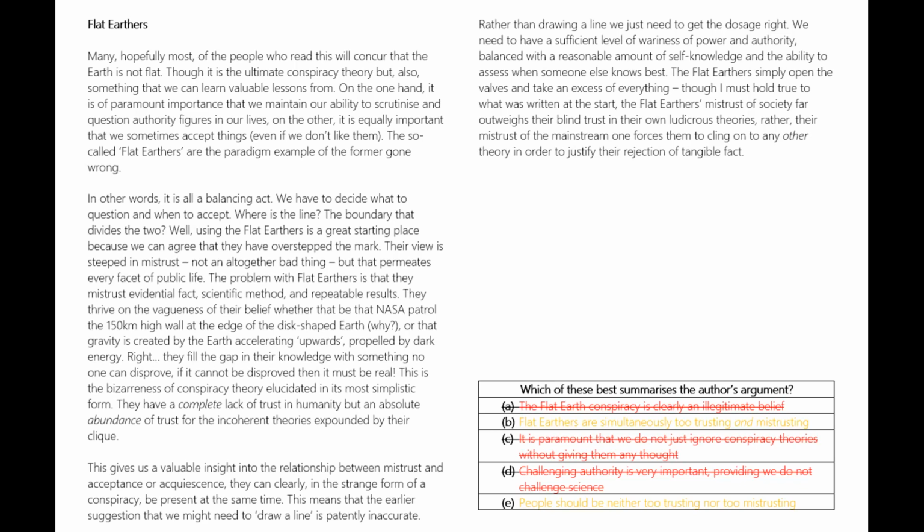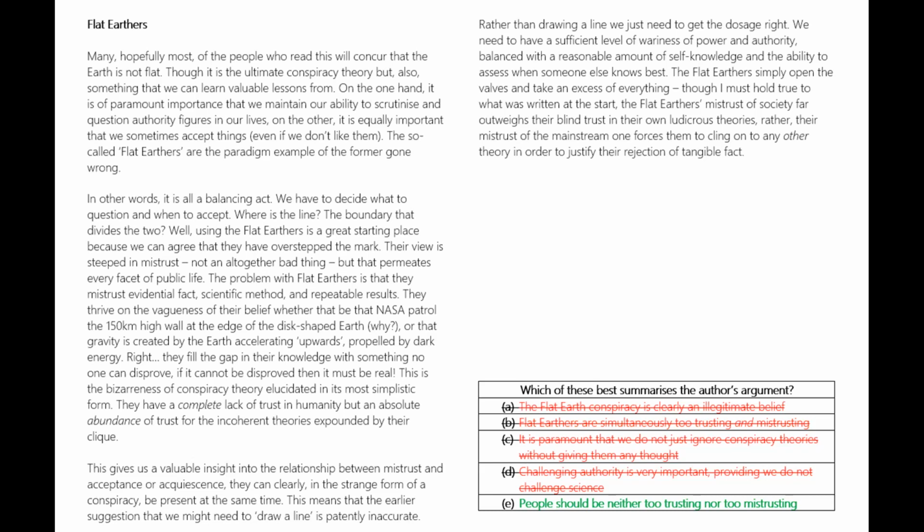B then is really an inert statement. Would the author write this extensive piece just to give us a statement? Probably not. E, on the other hand, is a suggestion, a campaign, or something to rally for. People should be neither too trusting nor too mistrusting. It's an active argument. And on that basis, combined with all the other reasons we've looked at, E is the correct answer.